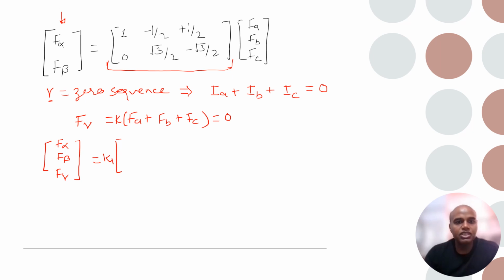I'm taking this constant to have flexibility while doing the reverse transformation, or taking the inverse of my matrix. So it is 1, minus 1 by 2, and minus 1 by 2. This becomes 0, root 3 by 2, and minus root 3 by 2. And last, this will become K, K, and K for the zero sequence, multiplied by FA, FB, and FC.